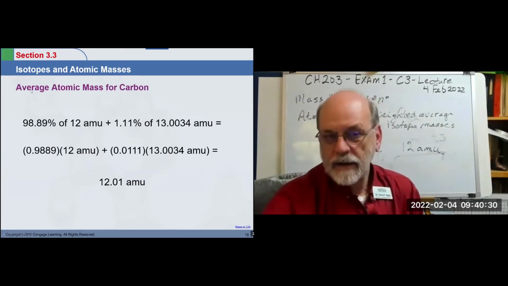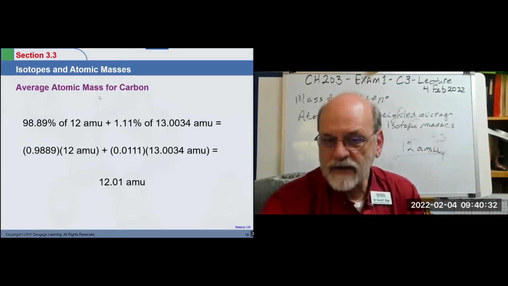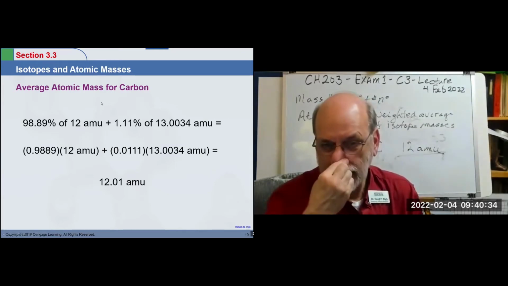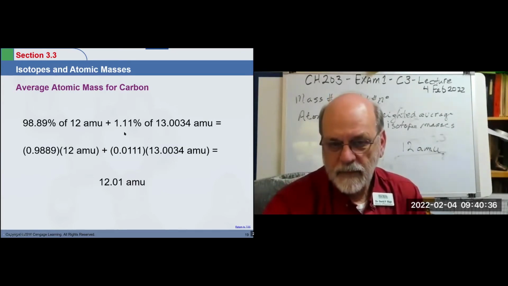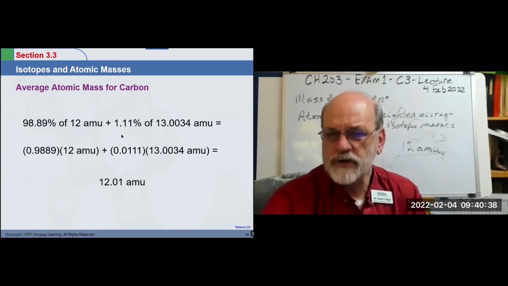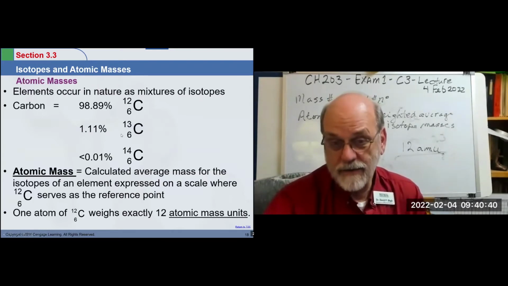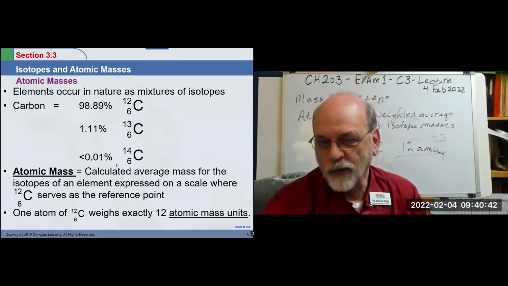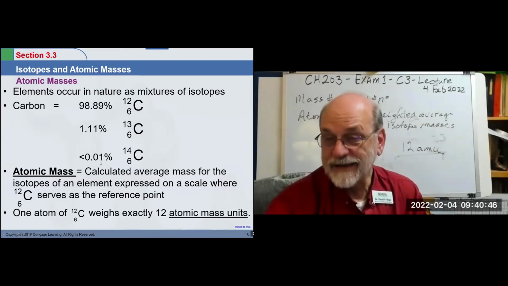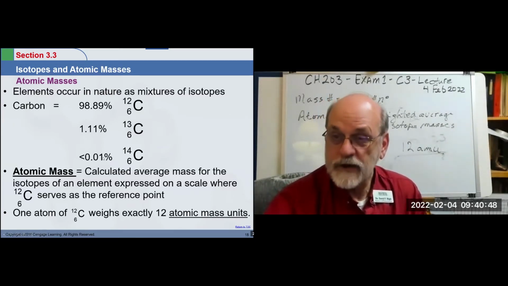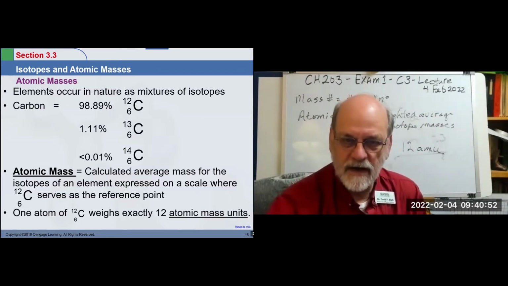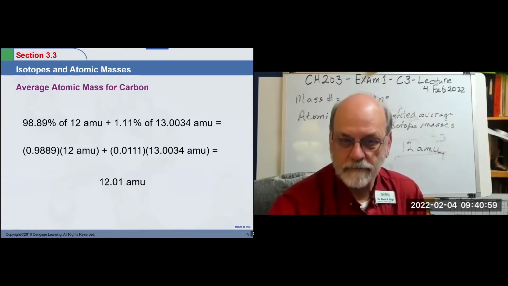Yes. Okay, so the average atomic mass for carbon, and we're going to use just the first 2 isotopes for obvious reasons. Carbon 14 is less than 100%. So if we use the first 2, then we're accounting for most of the atomic mass for the naturally occurring carbon.